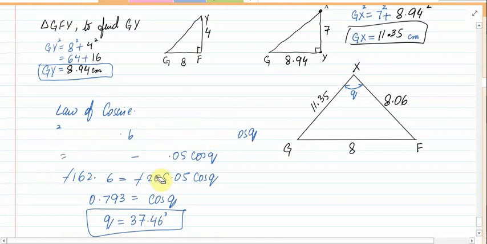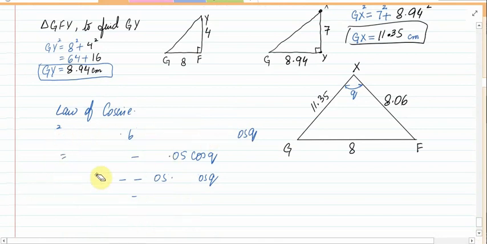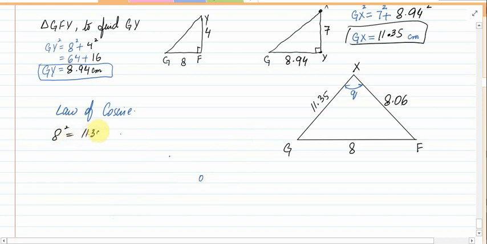Let me just do it again. So it will be 8 square is equal to 11.35 square plus 8.06 square minus 2 times 11.35 times 8.06 times cos Q.